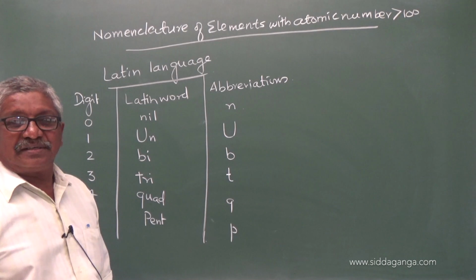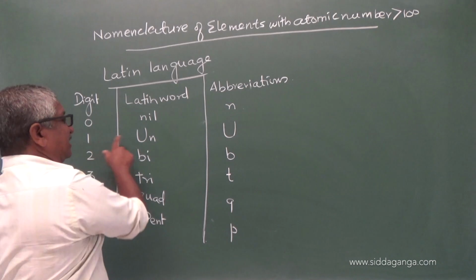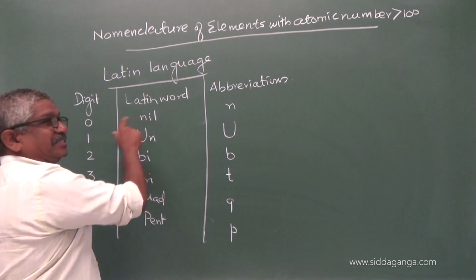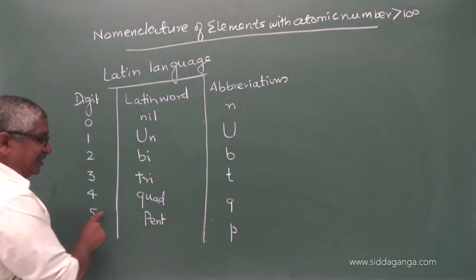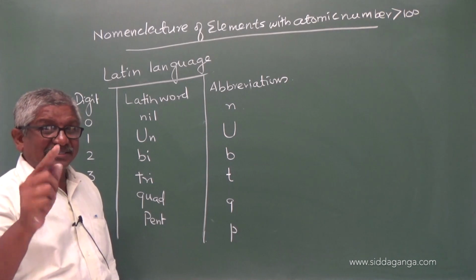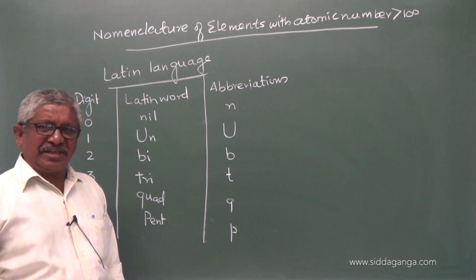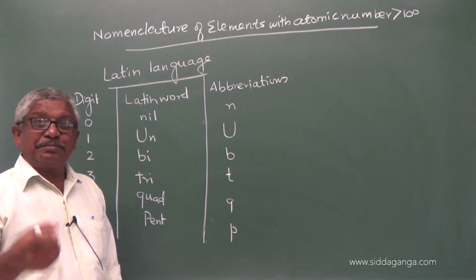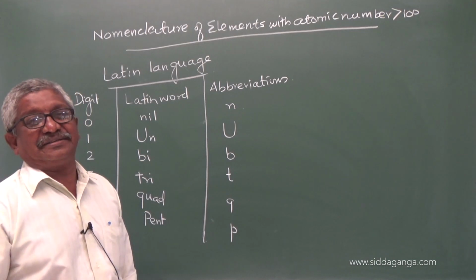For example, I will give you 105. 1 is indicated by un, 0 is indicated by nil, 5 is indicated by pent: unnilpent. Last three letters IUM: unnilpentium. In this way, the systematic name is derived by using Latin words for each digit.